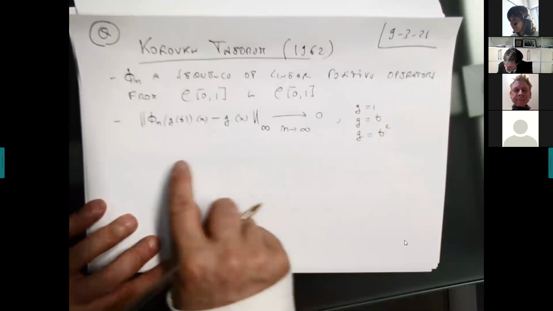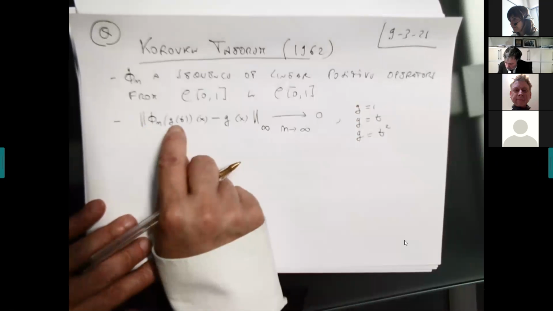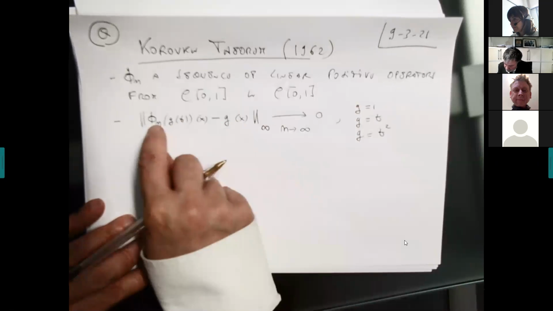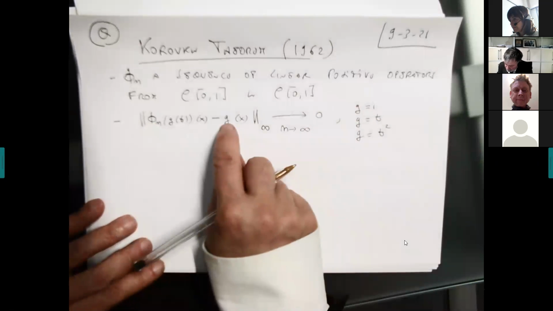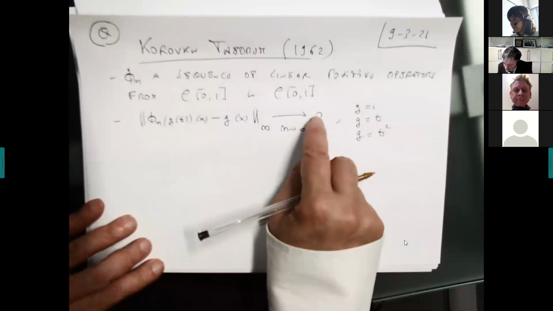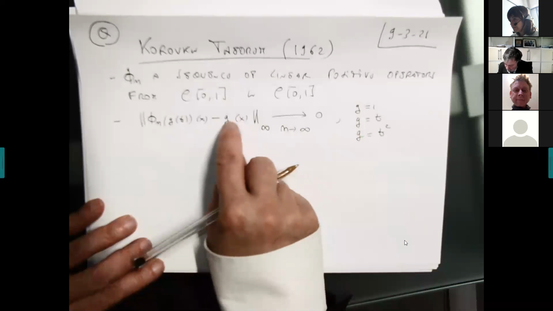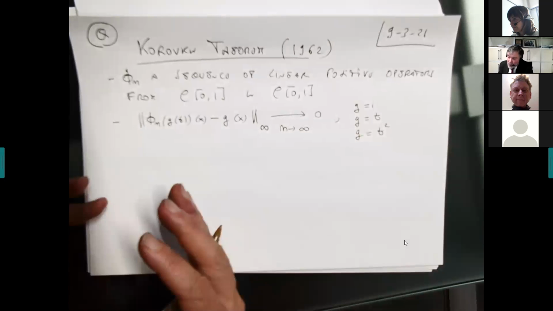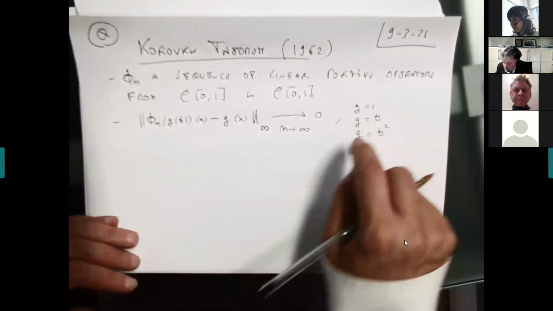So I'm telling you, take the Bernstein polynomial on 1, to give a concrete example, and assume that it converges to 1. So the infinity norm goes to 0. Take the Bernstein polynomial on t, subtract x, and assume that it goes to 0. Take the Bernstein polynomial on t squared, subtract x squared, and assume that it goes to 0. You understand the point? It is having an approximation of three stupid objects, 1, t, and t squared.